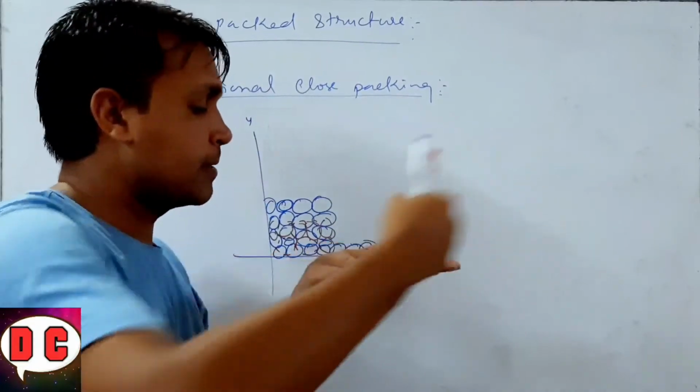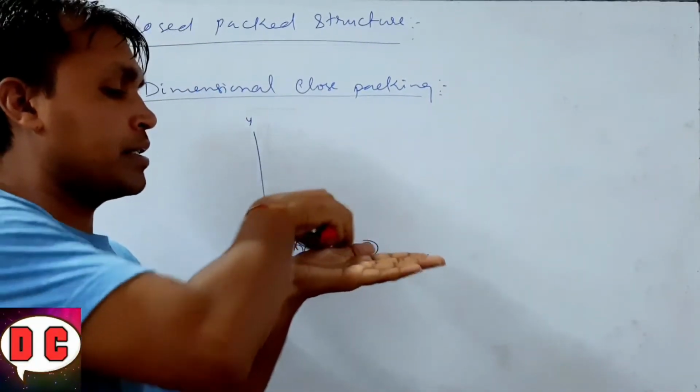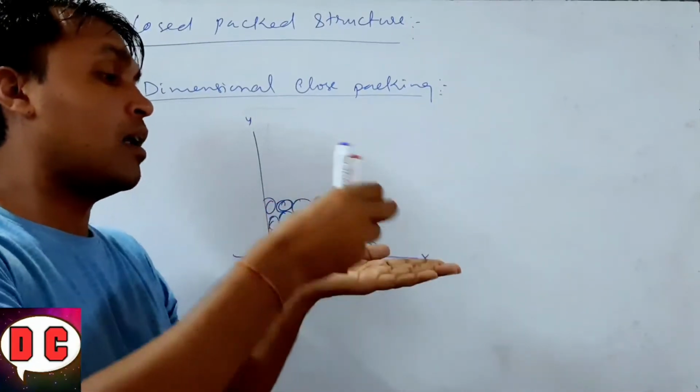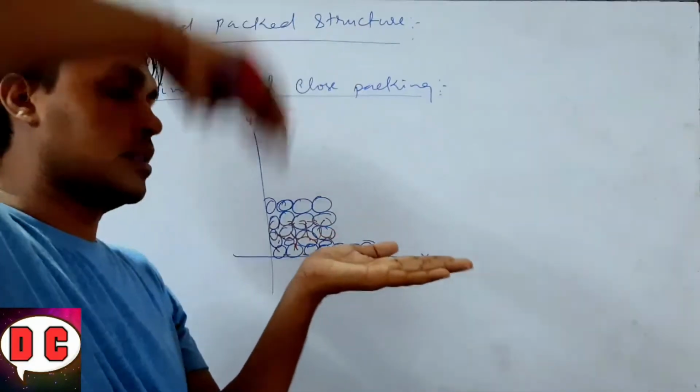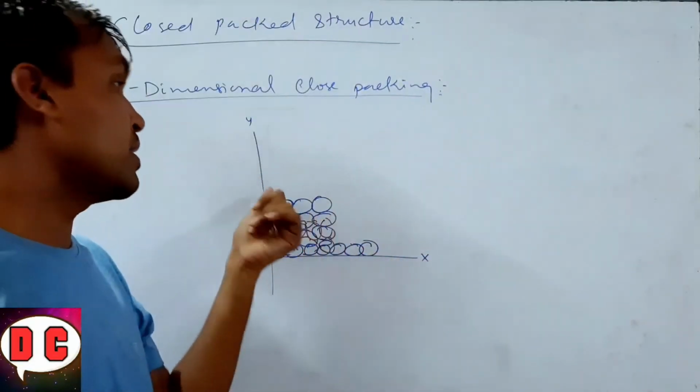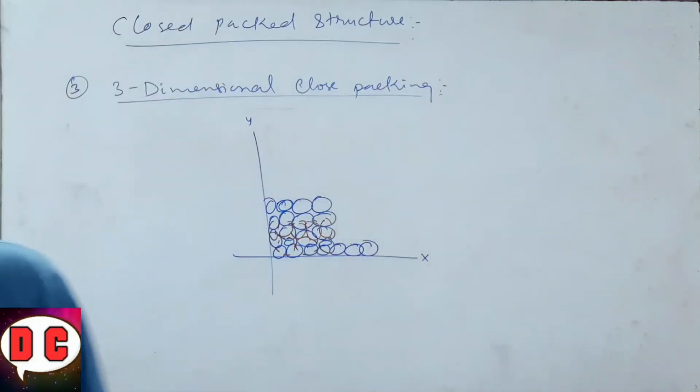One is X, when we are arranging the atoms in this way, one is Y, when we are arranging the atoms in this way, and Z is what? When we are forming layer after layer, a heap, it is getting a height. That means it is a three-dimensional close packing structure. Okay, dear students?